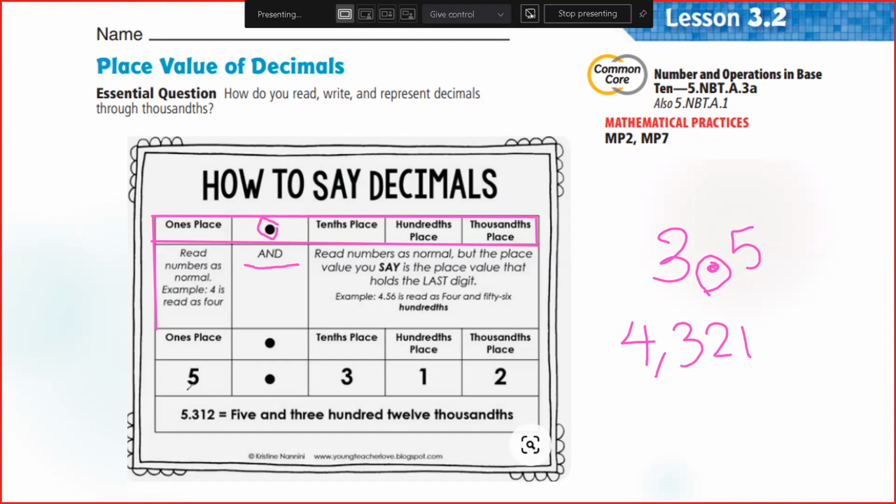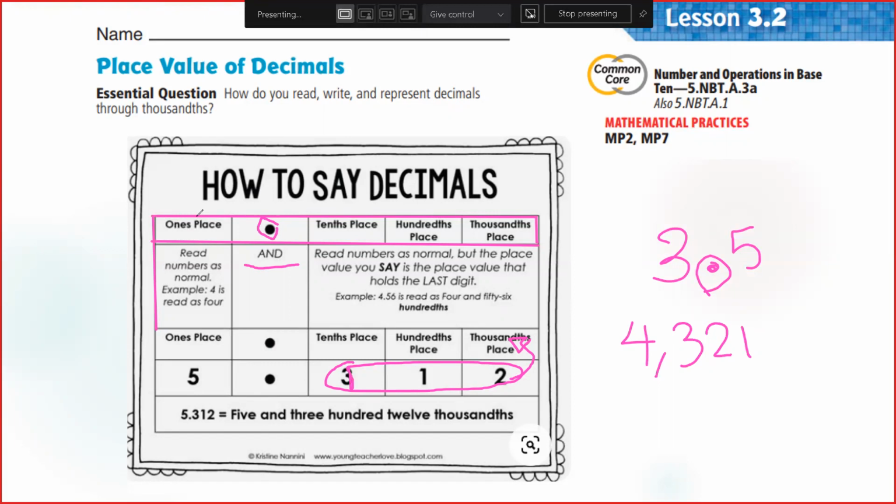Like this one, I say 5 and then this number. How can I read it? I say 312. And where did I stop? I stop at thousandths. So I will say 5 and 312 thousandths.